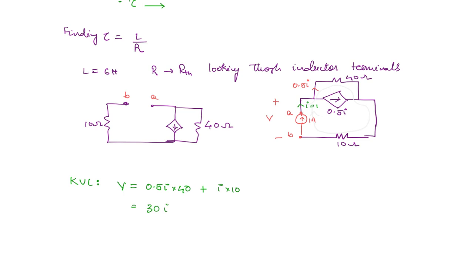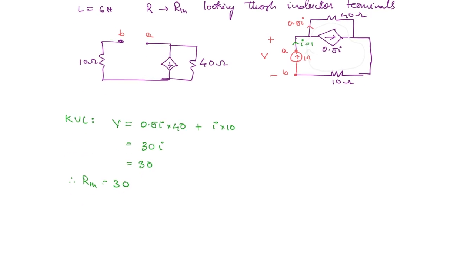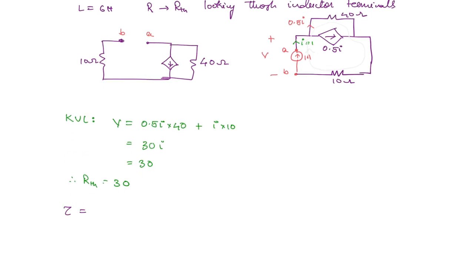So now since I is equal to 1, you have 30, okay. So therefore RTH is equal to 30. From here you can find out tau. Tau is equal to L by R, which is 6 divided by 30, which is 0.2.